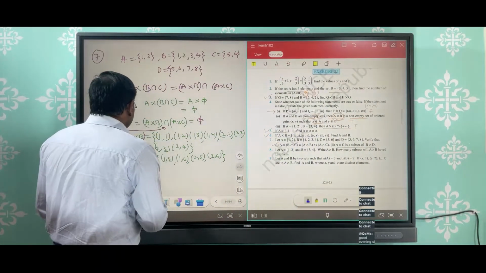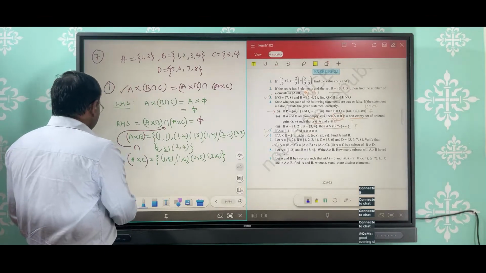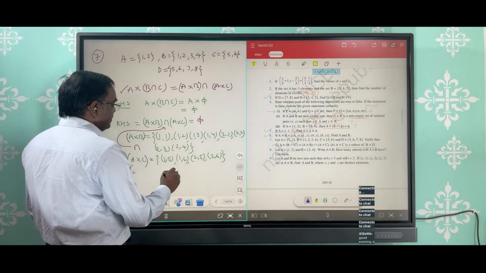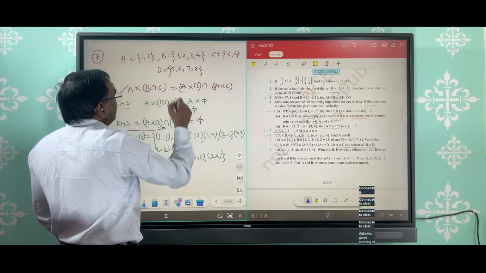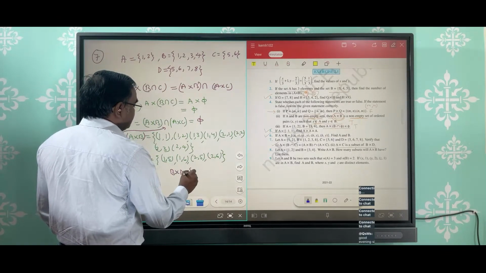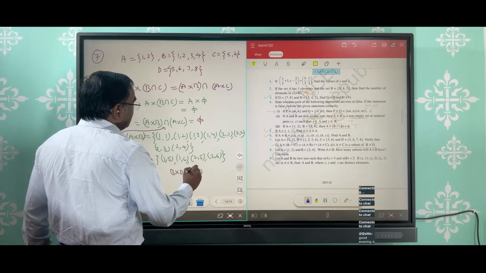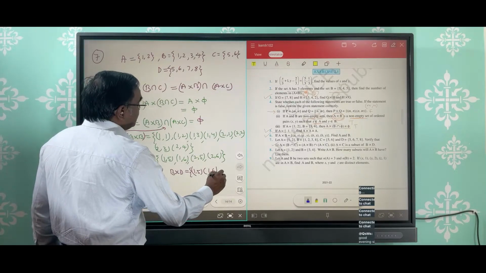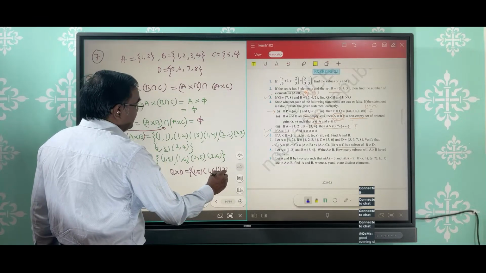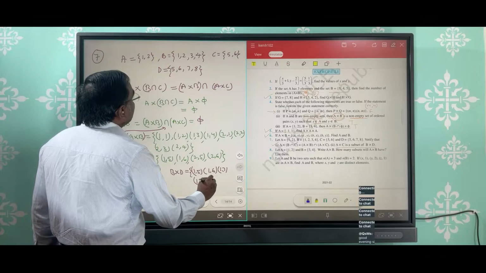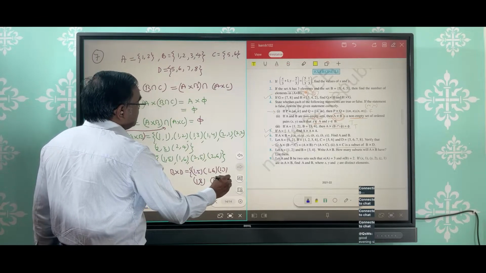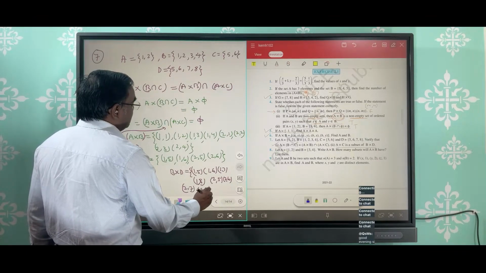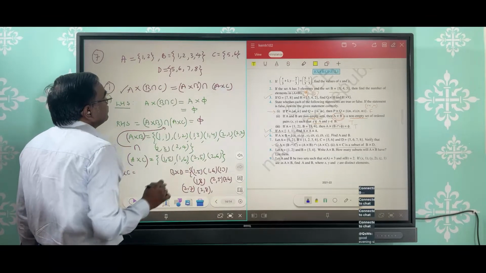Now B cross D is (1,5), (1,6), (1,7), (1,8), (2,5), (2,6), (2,7), (2,8), (3,5) and so on. So there will be 16 elements.